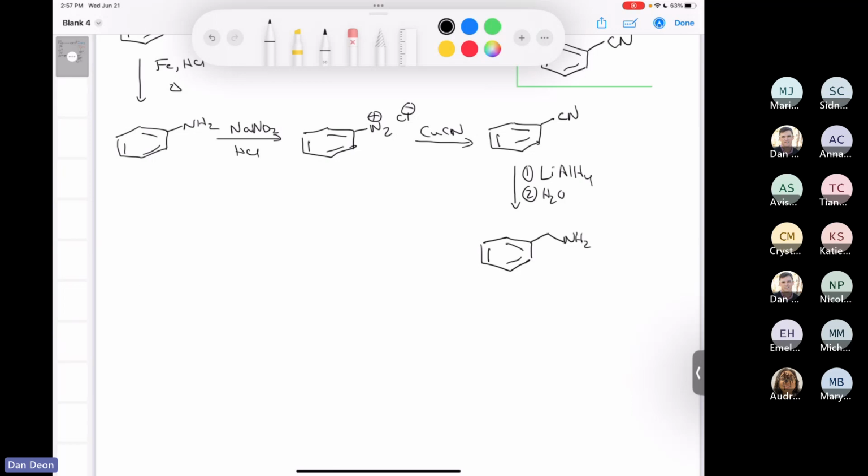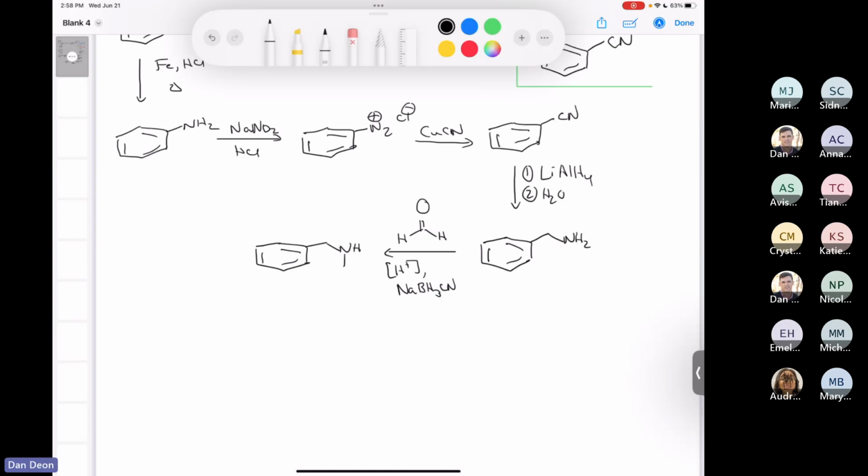So there's our benzylamine. Now we can do a reductive amination with formaldehyde as our electrophile. There's our catalytic amount of acid and sodium cyanoborohydride, like that. That will install the methyl group on the nitrogen. So now we have our secondary amine, with our methyl group here.